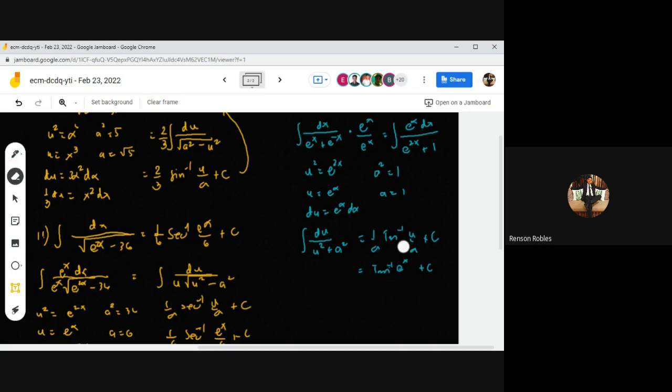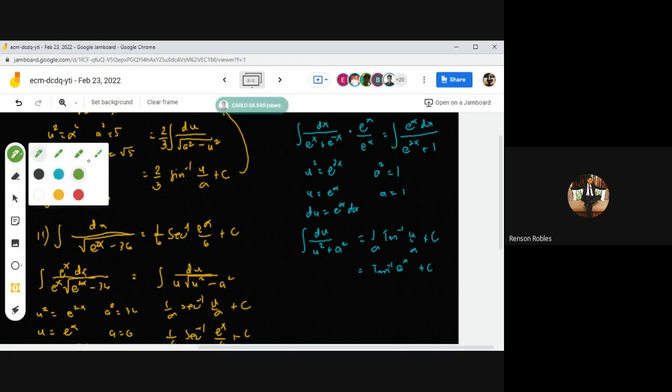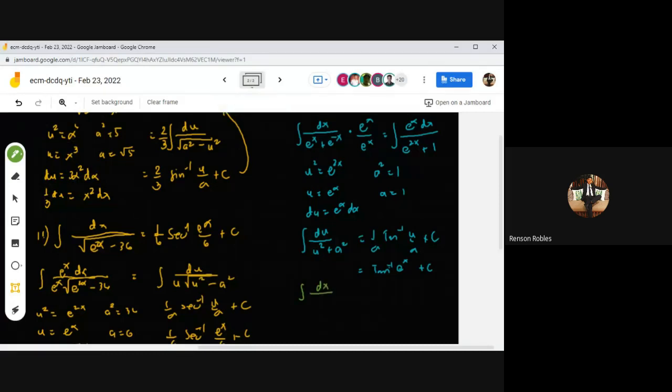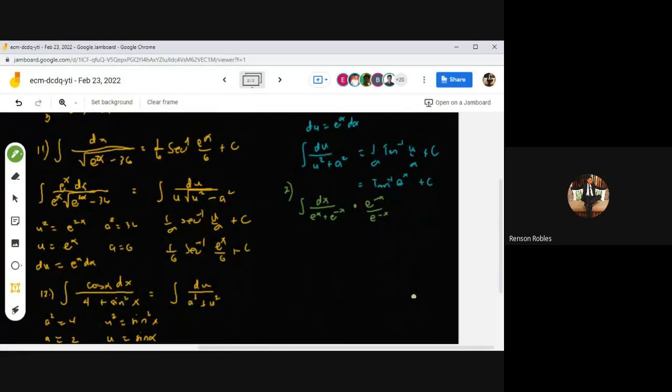Okay, you do the same thing for the next method wherein you're to multiply na, dx over e to the x plus e to the negative x. Ang multiplier natin is e to the negative x over e to the negative x. And this is your solution number 2. Then what is the result?